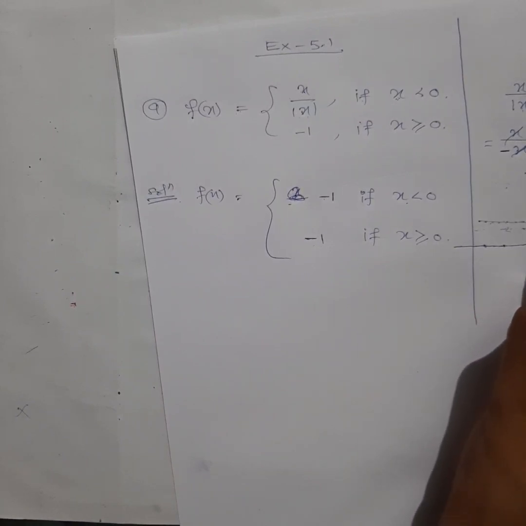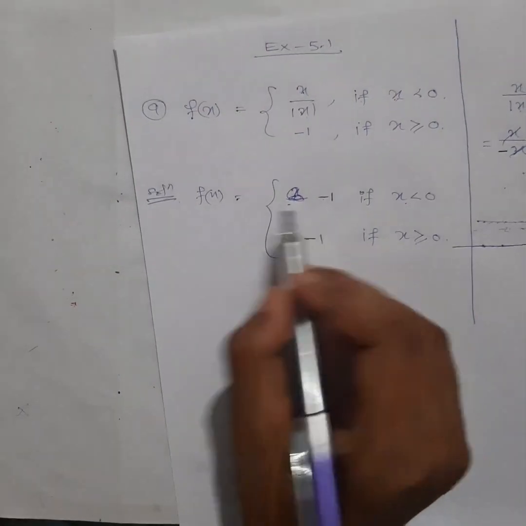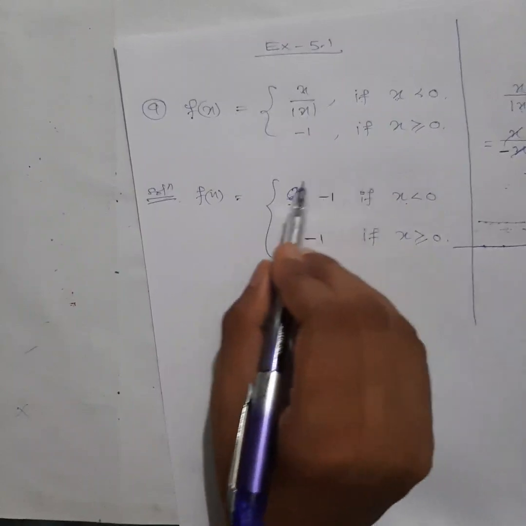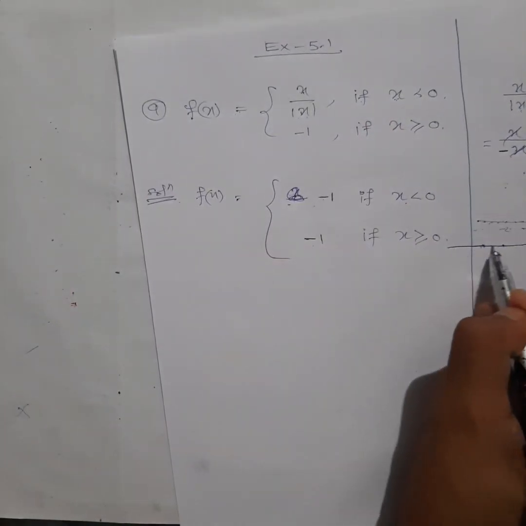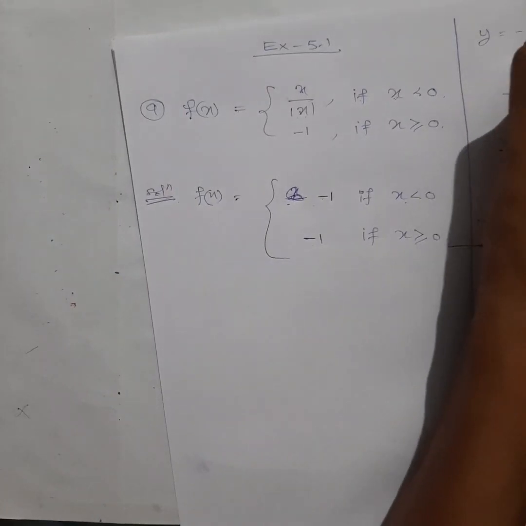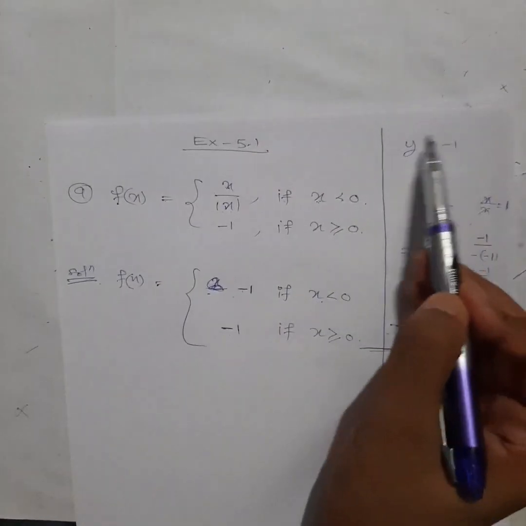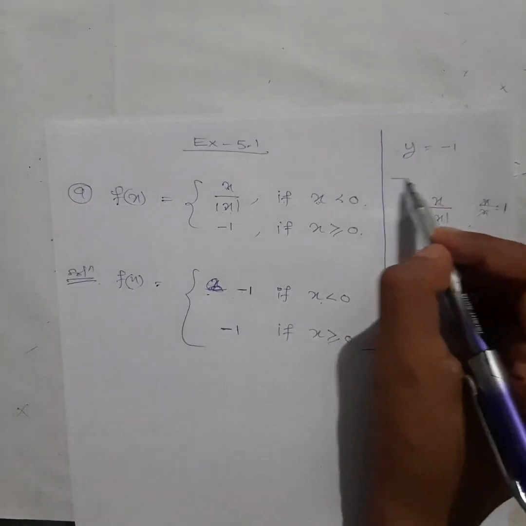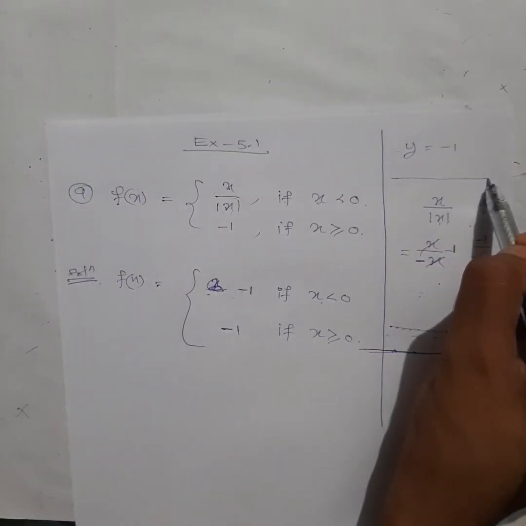But 0 I haven't taken till now, okay? Just less than 0, whatever number that is. From there, if I plot all the points, you will see that this function will be continuous in this portion. It will never break at any point, because y equals minus 1. Remember, what kind of graph does this function represent? A straight line parallel to the x-axis.